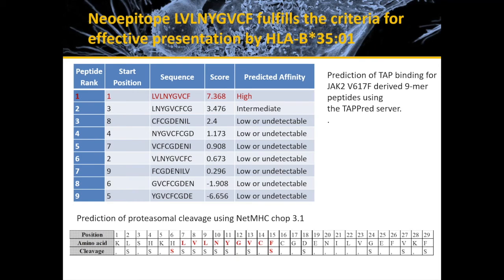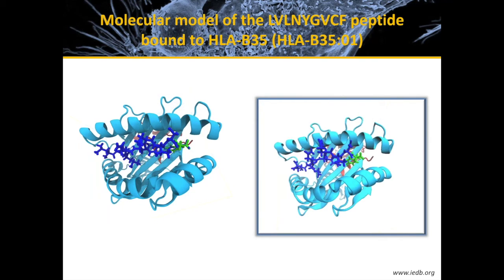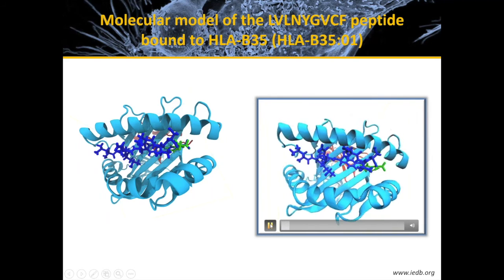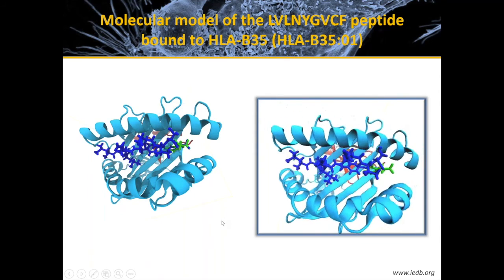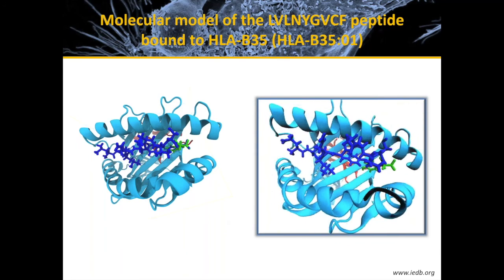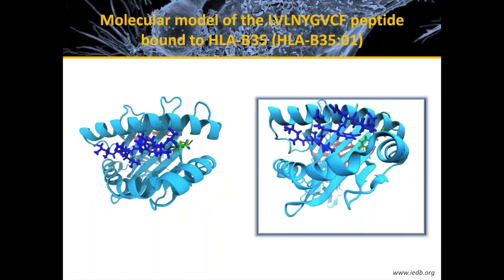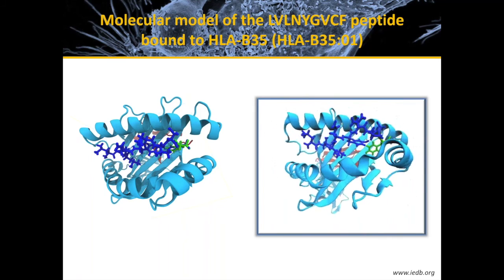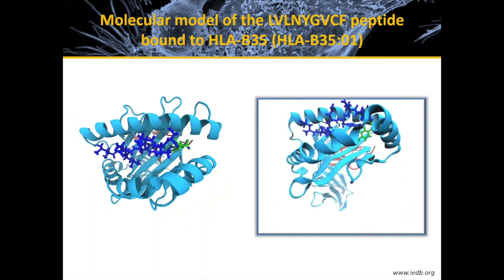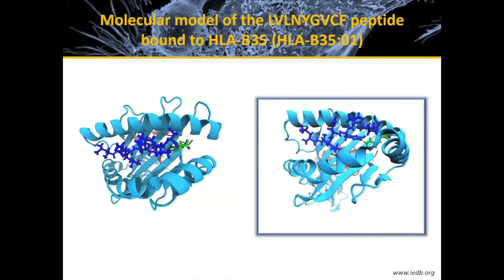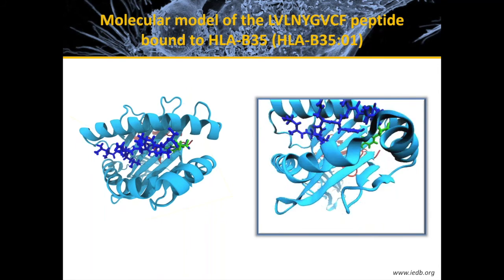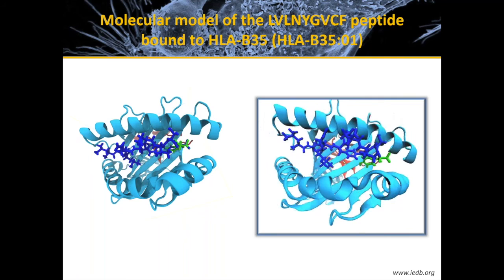Then, as you can see on the next slide, we performed a molecular dynamics simulation of B3501 in complex with peptides. Actually, in these simulations we used 2 peptides: our peptide that is predicted to be the best binder, and a predicted non-binder. All these simulations were performed using NAMD, implemented through the QuickMD interface.